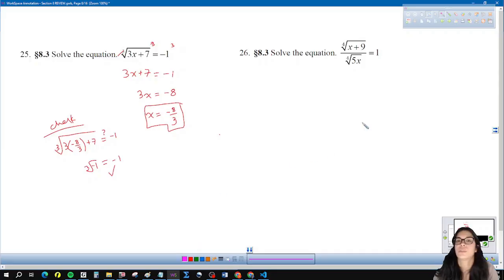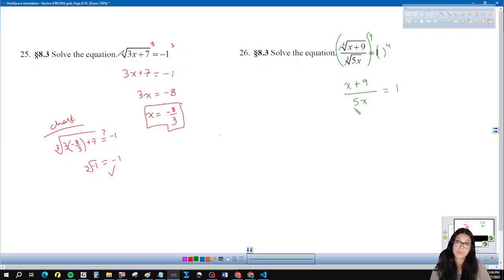Okay, next up, let's do 26. So on 26, notice that they split up this fourth root, right? But both are being fourth root. So we can go ahead and apply the power 4 on both sides here, and that'll cancel out the fourth root. So now we have x plus 9 over 5x, and that equals 1 to the power of 4, which is just 1.